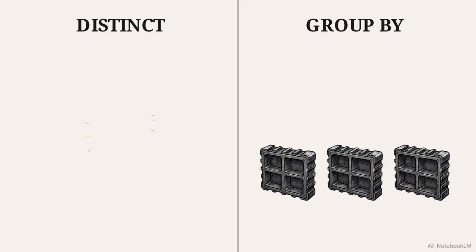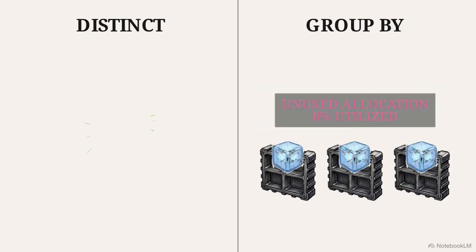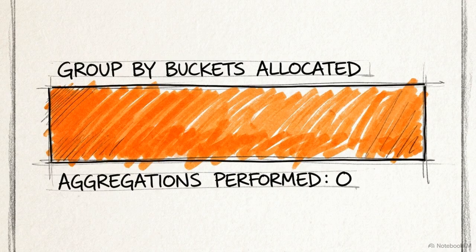Group by provisions database memory space to build buckets, specifically preparing to calculate mathematical metrics like sum or count. If your only goal is to remove duplicates, allocating space for these aggregation buckets is an unnecessary use of hardware resources. Utilizing group by without an aggregate function increases memory allocation for mathematical preparation that never occurs.